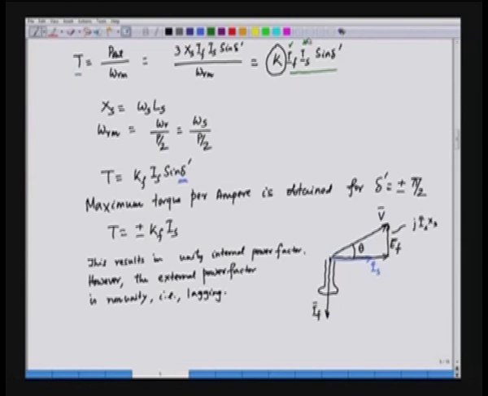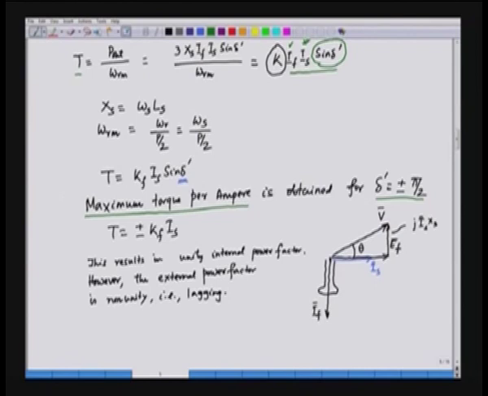Now, what is the condition for maximum torque per ampere? If we want maximum torque per ampere, we have to make delta prime equal to plus or minus pi by 2. It means sine of delta prime should be at the maximum value, plus 1 for motoring and minus 1 for braking.